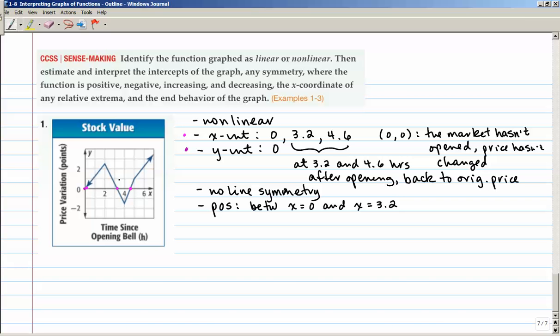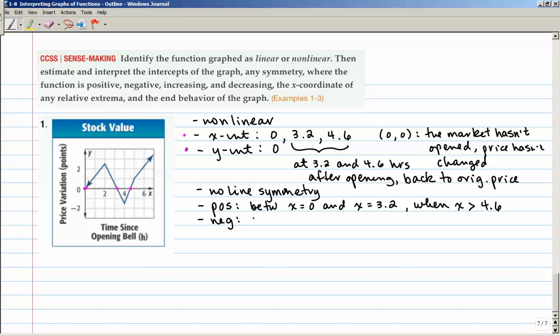And then it's also positive when x is greater than 4.6. Okay?